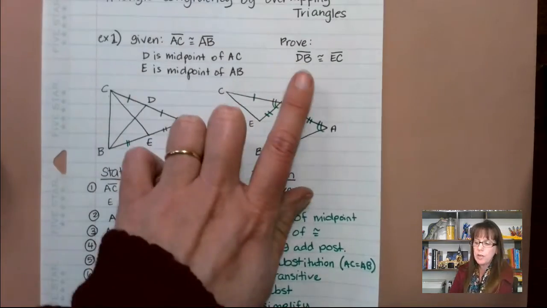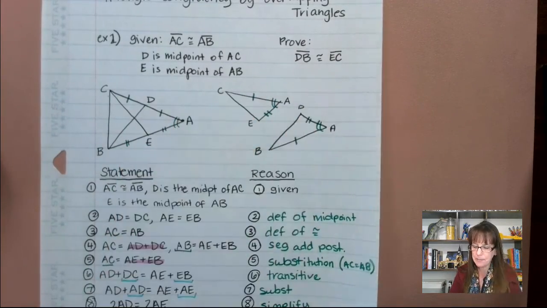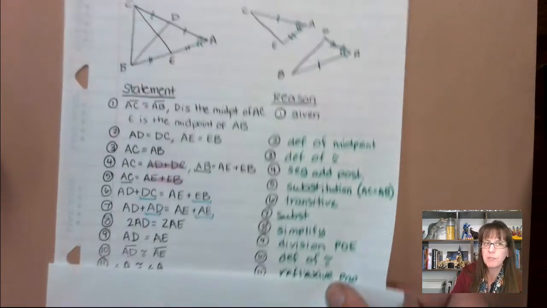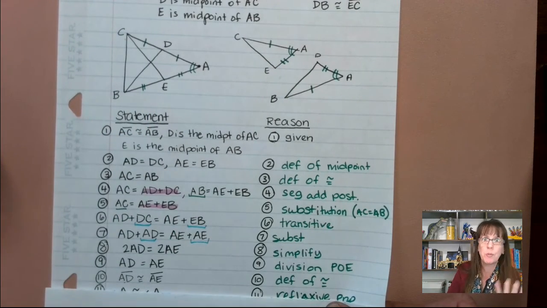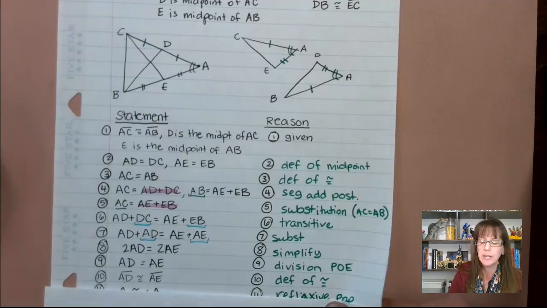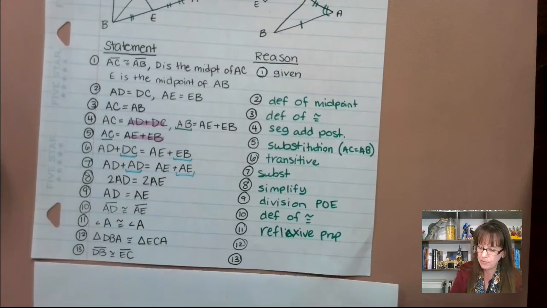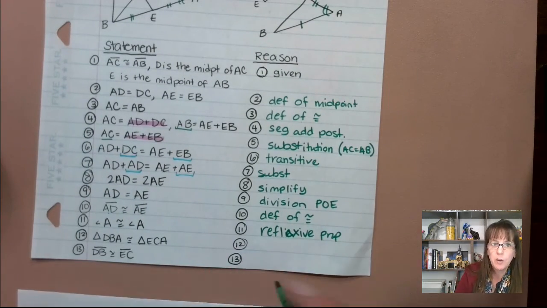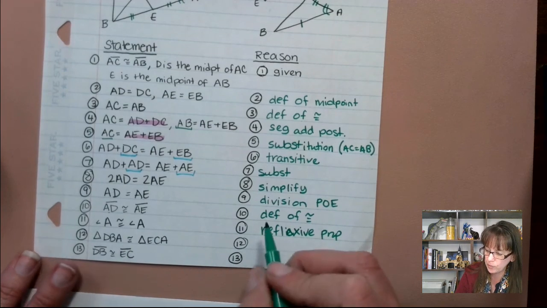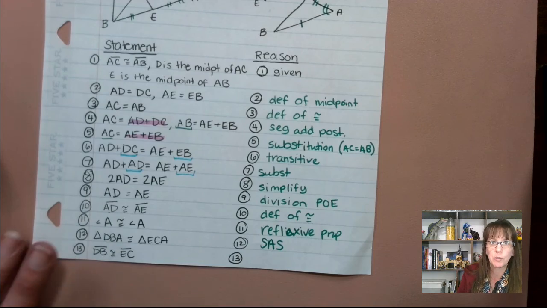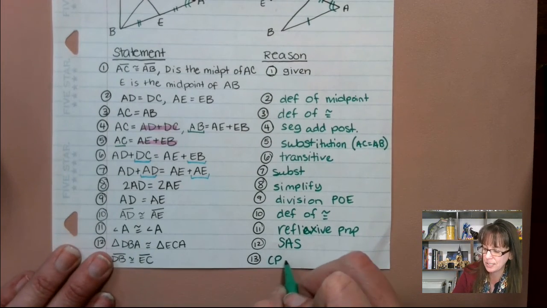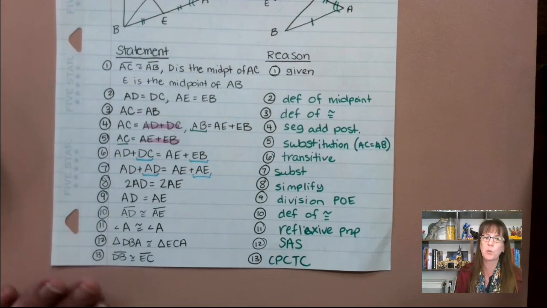Again, we're trying to prove that DB is congruent to EC, right? So if we can declare these triangles are congruent, then we can say, hey, corresponding parts of congruent triangles are also congruent. So if we look at that, that's exactly what we've done here. We have said, okay, these two triangles are now congruent because of side, angle, side. And because those are congruent, that means their corresponding parts of congruent triangles are also congruent.